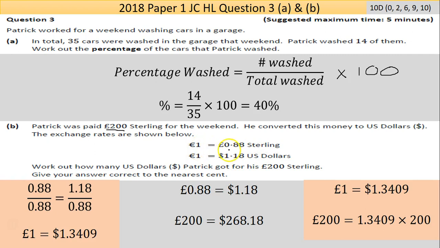This happens all the time in maths. You're given 2 statements: €1 equals something and €1 equals something. You have to make the leap that €1 also equals €1. So if you make that leap, then why wouldn't 0.88 sterling equal $1.18?